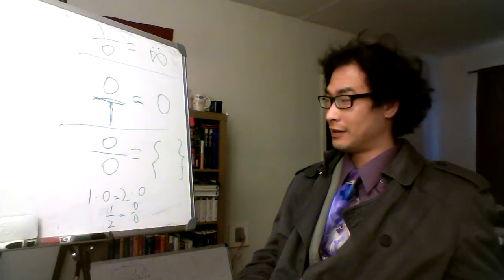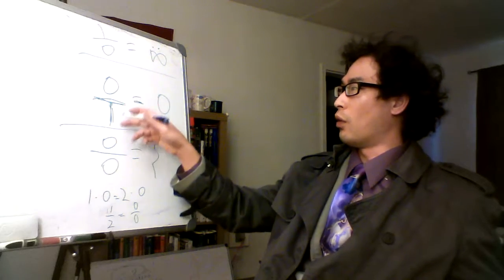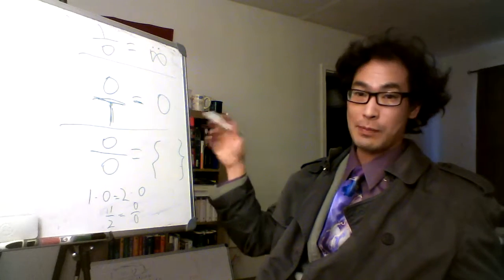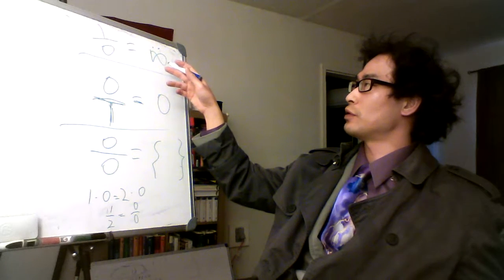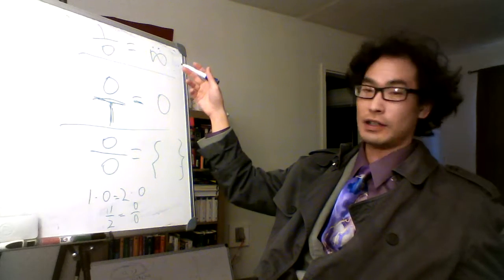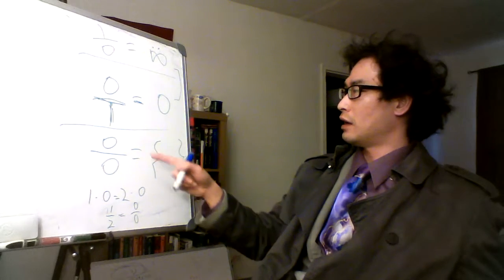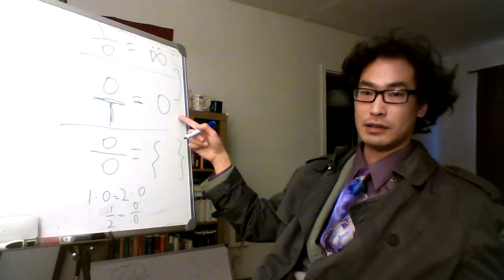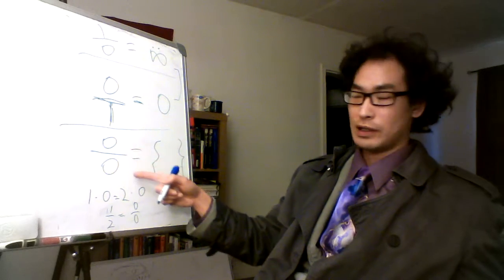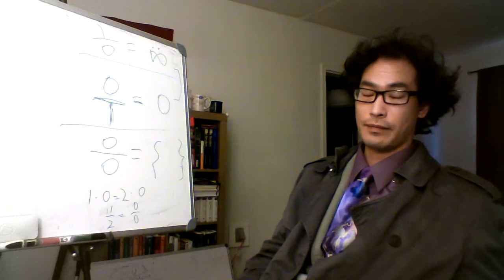Okay? So that's what it is. Now, 0 over 1, that's true 0, absolute 0. 1 over 0 is true absolute infinity, constant. These guys are constants. This 1 over 0 and 0 over 1, they are constants. But 0 over 0 is a set. Okay?